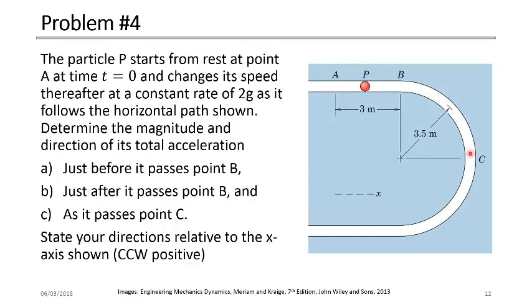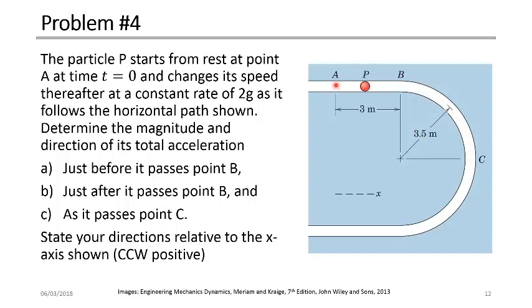So the distance between C and A is the length of this part of the curve, and then this distance. So it's 3 meters plus 1/4 of a circle. So it's r theta, where theta in radians is pi divided by 2, and r is 3.5.